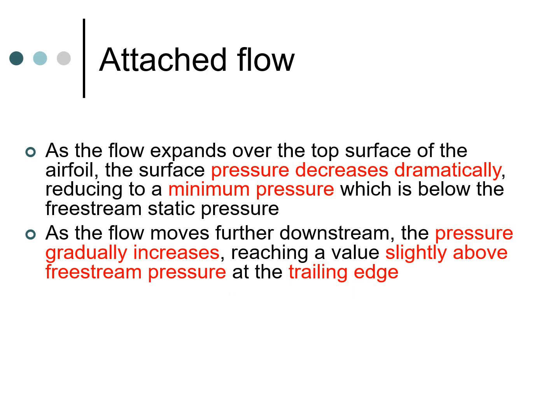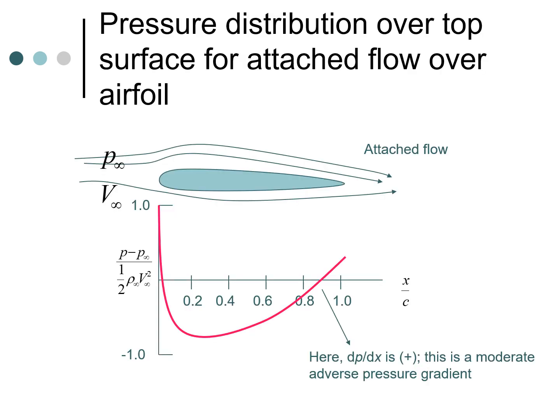This is what we have been seeing in that graph, and I'm explaining it to you again because this graph is so important as far as aerodynamics is concerned. So essentially this pressure grows up here and then reaches slightly more than the free stream value. This is the region of the adverse pressure gradient. You need to always remember that this is the typical pressure distribution on the top surface for attached flow on an airfoil section.